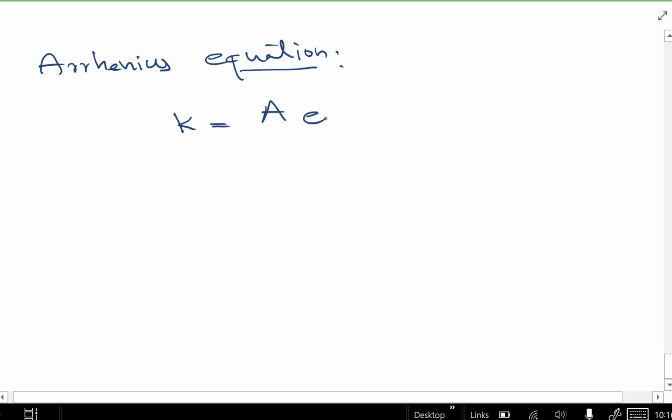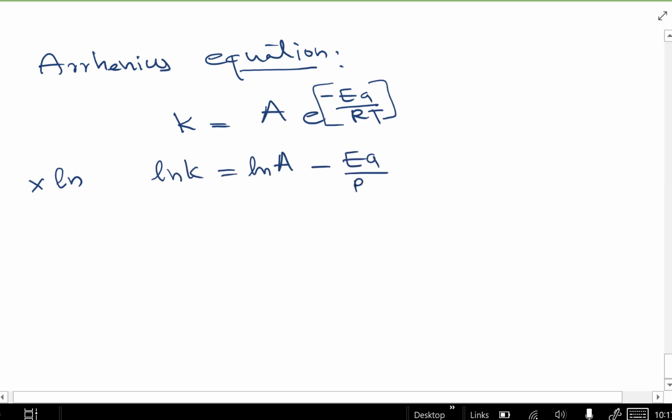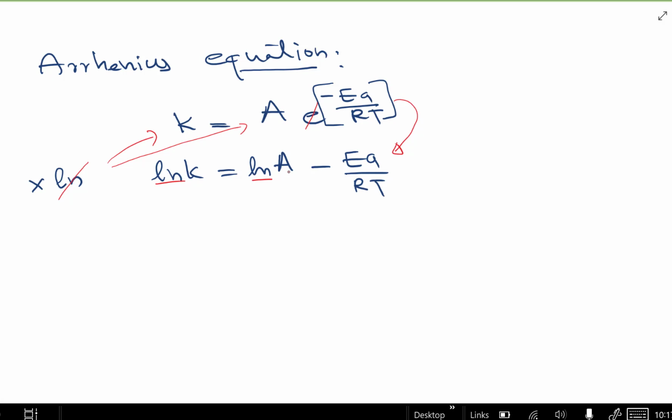So k is A e to the minus Ea, activation energy, over RT, right? Now this one can be multiplied by ln to get rid of the e to the power. So ln k equals ln A minus Ea over RT. That's just ln to get rid of the e.